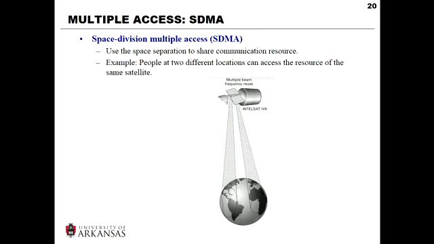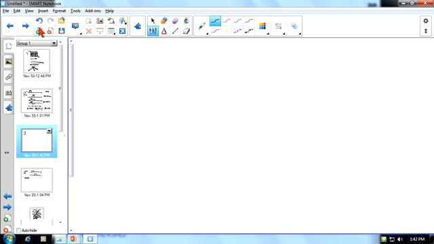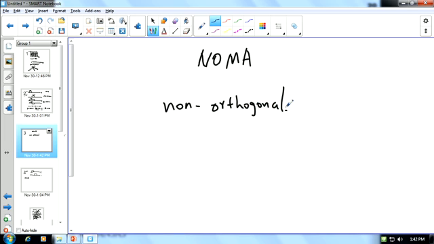Another thing that I didn't put in the slide, another enabling technology for 5G systems, is called NOMA, which stands for non-orthogonal multiple access. In the multiple access schemes that I introduced in this chapter, we always require orthogonality so that we can minimize the interference. But for 5G systems, we have very limited resources.